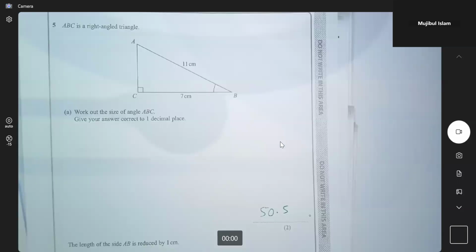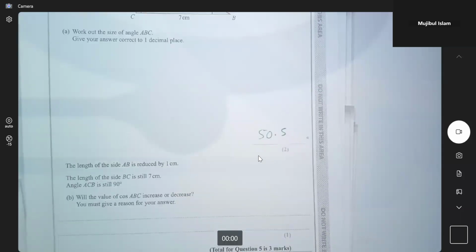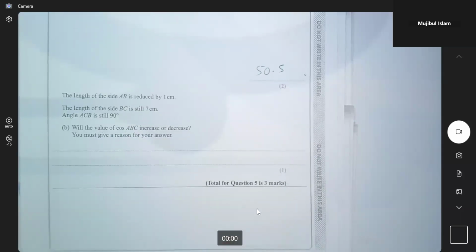All right. Part B is a tricky one. Part B. All right, let's try this. Okay, I'll put that on the screen as well.